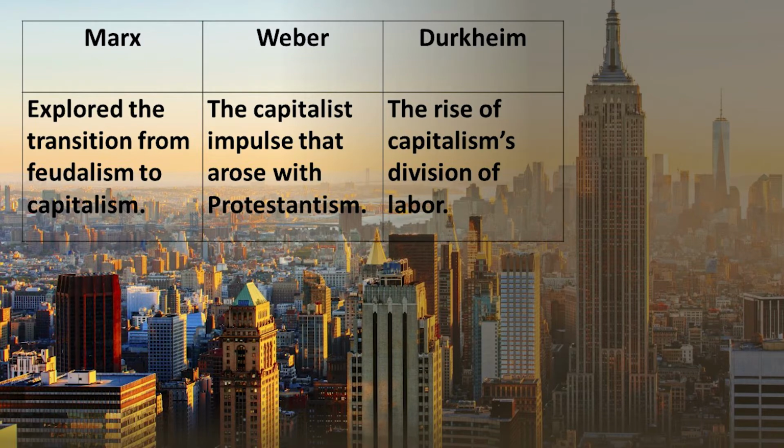On the other hand, Weber studied the capitalist impulse that arose from Protestantism in Western Europe and explained why capitalism did not first arise in China or in India. And Durkheim explained the rise of capitalism through the division of labor.